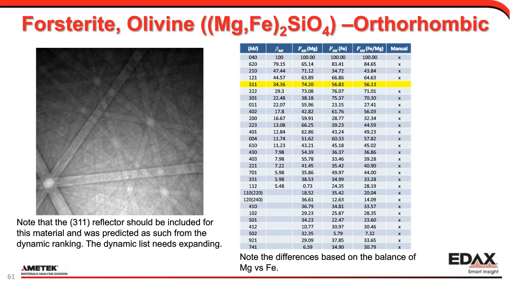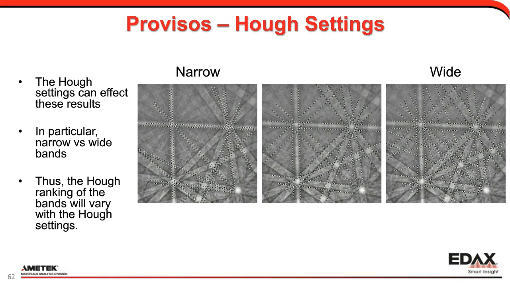As a proviso, you need to think about the Hough. The Hough settings can affect these results. In particular, let's say you tune the Hough towards narrow bands versus wide bands, you're going to get different results. And so the Hough ranking of the bands will also vary with the Hough settings. And so you kind of have to play with that and experiment to get the best results.